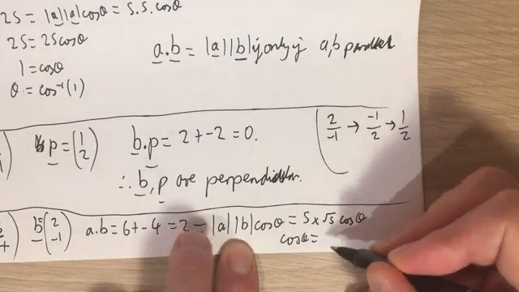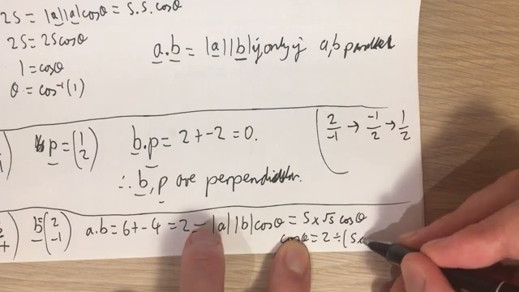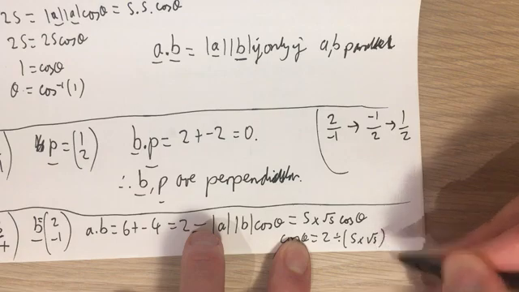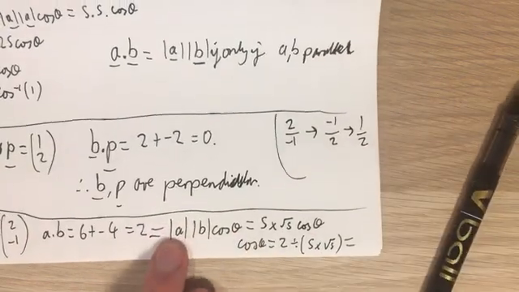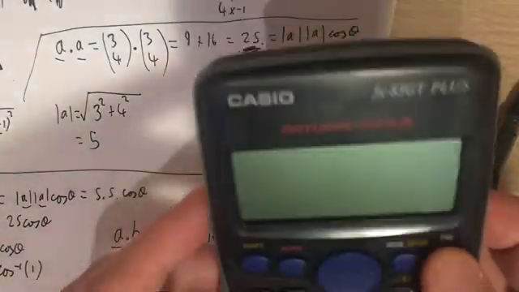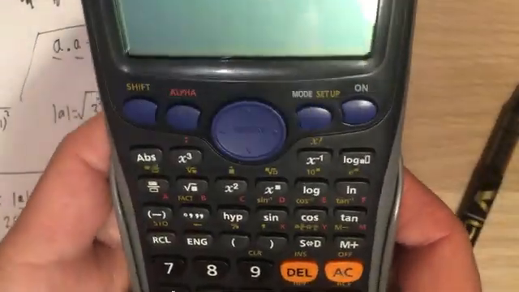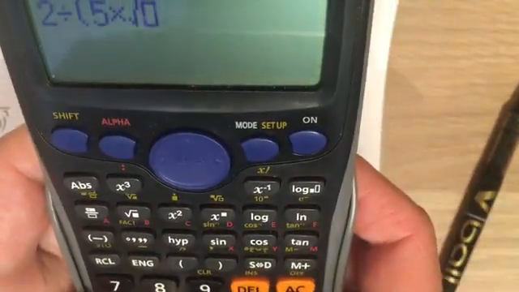So cos theta is 2 divided by 5 times root 5, all at once. And that on my calculator, which I will just go and grab. There we go. So 2 divided by 5 times square root of 5.